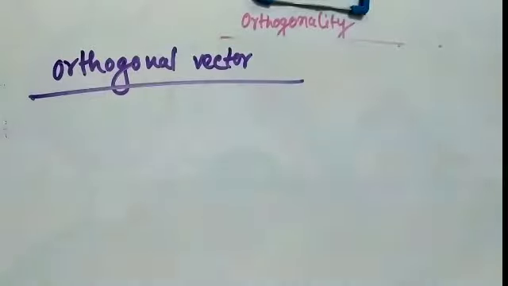From your 12th standard education, you already know about the concept of scalar and vector. The scalar quantity is defined by only its value, whereas vector quantities are defined by both value and direction. Here we are talking about a condition of vectors, that is, orthogonal vectors. So orthogonal vector is a particular characteristic of a vector.